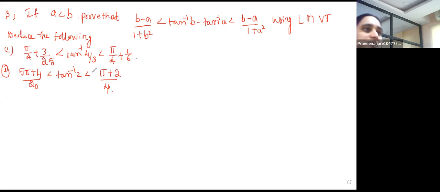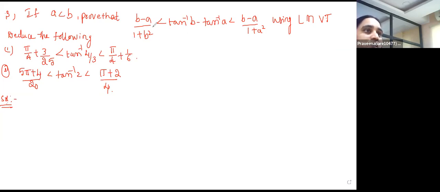These types of questions are there in intermediate. The first two questions follow the general procedure, verification of Lagrange's mean value theorem.